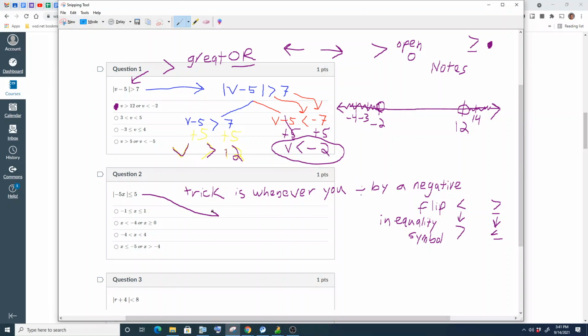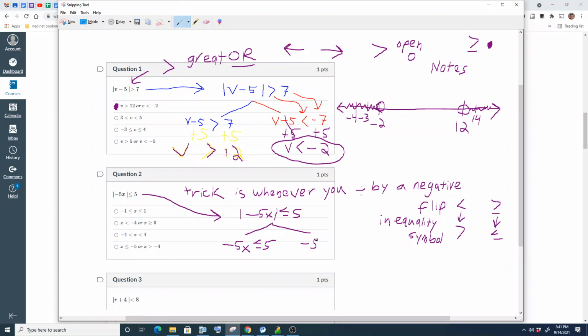So let's go ahead and grab this guy. We've got the absolute value of -5x is less than or equal to 5. Everything is over on the right side. We isolated our absolute value already. They're all ready to go. We'll split it into two equations. So -5x is less than or equal to 5.